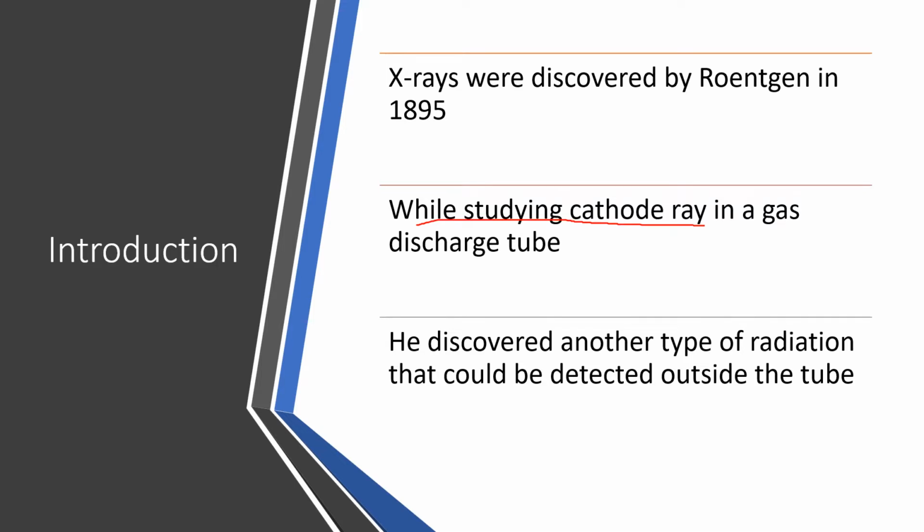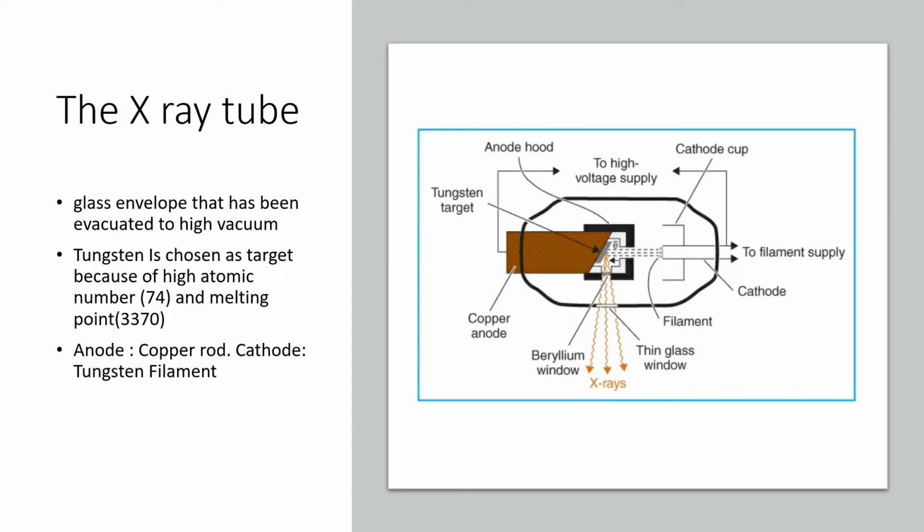So what separated him from others is that he discovered another type of radiation that could be detected outside the tube. Okay. Now let's talk about the X-ray tube, a modern Coolidge X-ray tube. It consists of a glass envelope with vacuum. There is no air inside, so as not to disturb the electron emission.